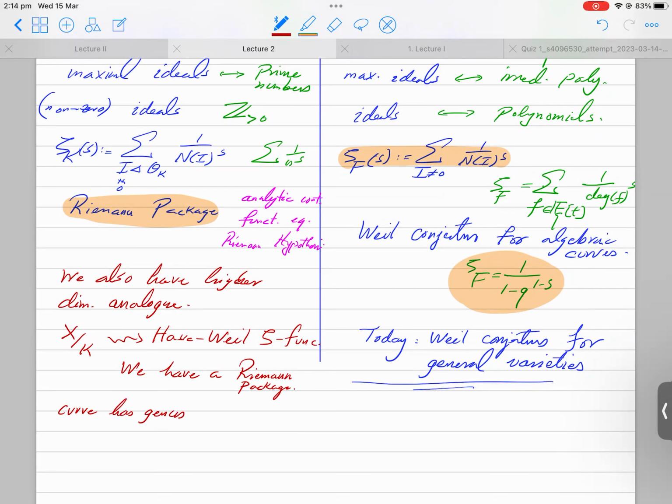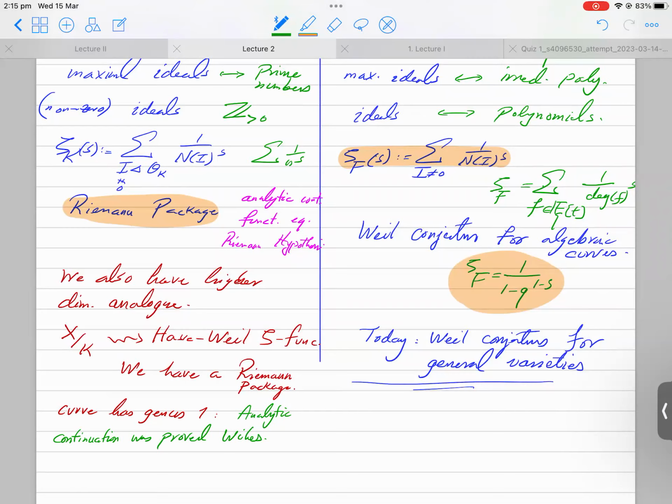So already in the simplest example beyond what was considered by Dedekind, namely a curve, we can consider genus 0, maybe that's too easy, but genus 1 was proved by Weil as a consequence of his proof of modularity.